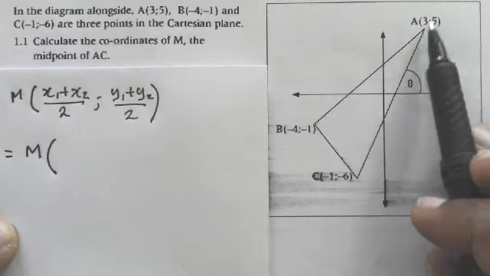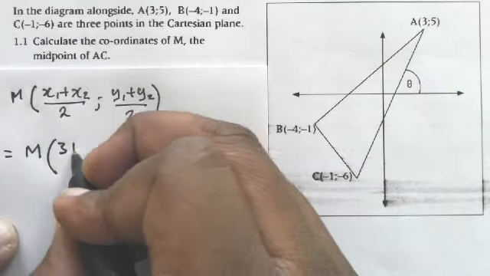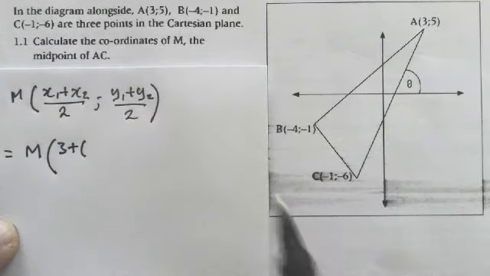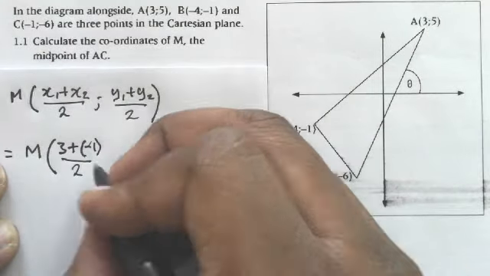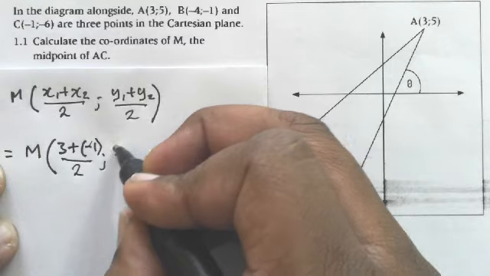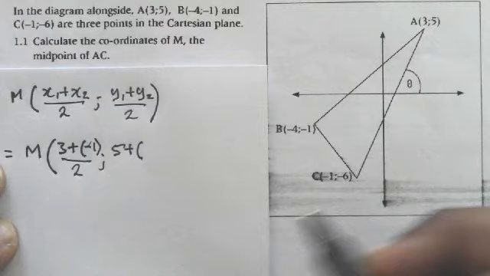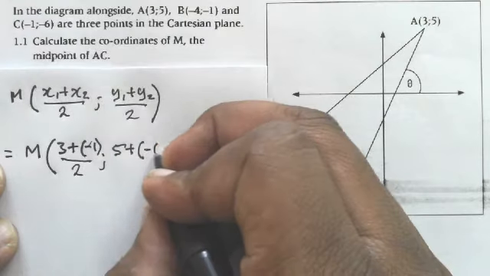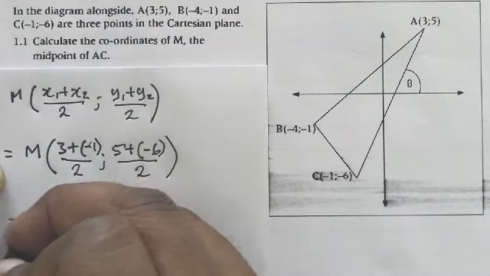Let's calculate that. Which one is x1? It's 3 here, so it's 3 plus, which one is x2? -1. So that's -1 over 2. Then y1 is 5 there. Remember, they should go together. So 5 plus, which one is y2? This one is -6, so it's -6 divided by 2.